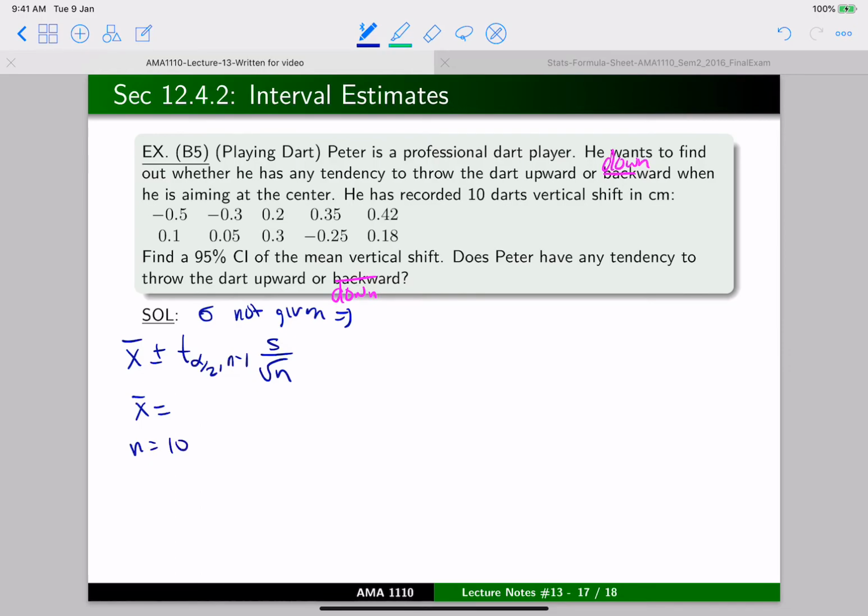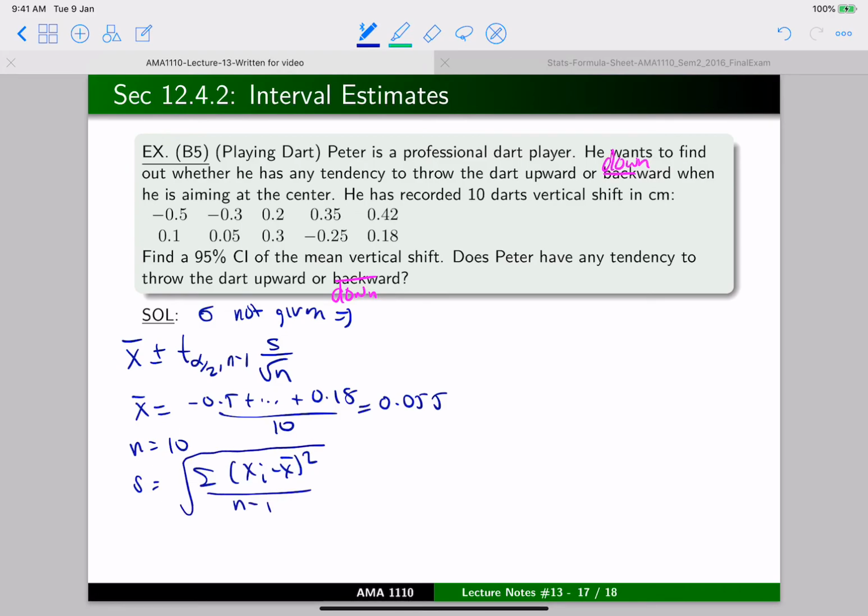For x bar, you just add up all the vertical shifts and then divide by 10. So in fact we get 0.055. Then again the sample standard deviation is the sum of x i minus x bar squared, divided by n minus 1, and then it's all square rooted.